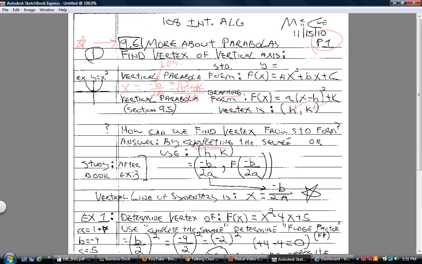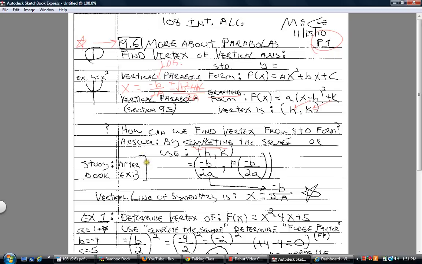Okay, now a couple things here. What I want you to realize is that the easiest way to find the vertex is to know that the x-coordinate is negative b divided by 2a. Now I want to prove that to you with this completing the square method, and we're going to do an example when the a coefficient is 1. If you like the completing the square method, you could use it, but most students don't bother with it.